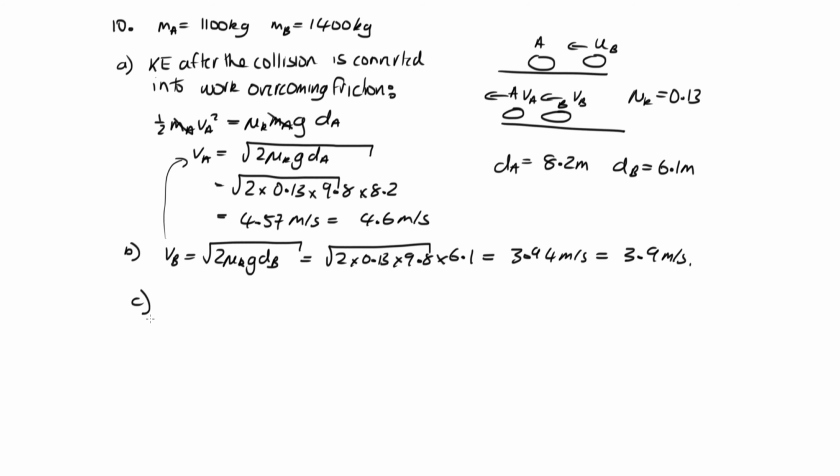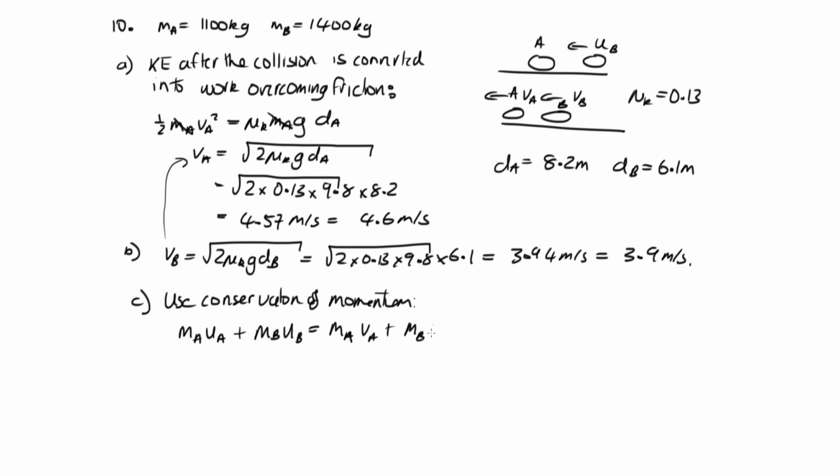Part C then asks us to assume that momentum is conserved during the collision and use this to work out the speed of car B just before the collision. So use conservation of momentum. So we can write, well, m_A u_A, so mass of car A times the initial speed of car A, plus m_B u_B is equal to m_A v_A plus m_B v_B.